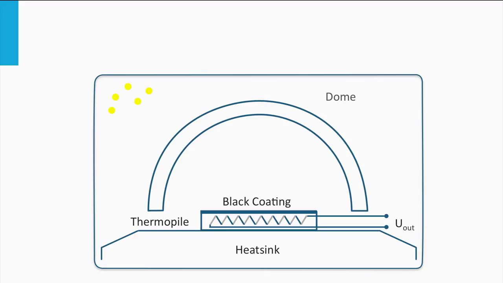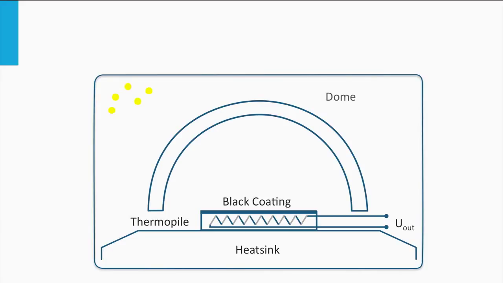A pyranometer consists of a black thermopile detector that absorbs light in the whole spectrum range. When light is absorbed, the black surface of the detector heats up and the increase in the temperature is proportional to the amount of radiation. This temperature difference is transformed into an electrical signal by the thermopile and can be easily measured.